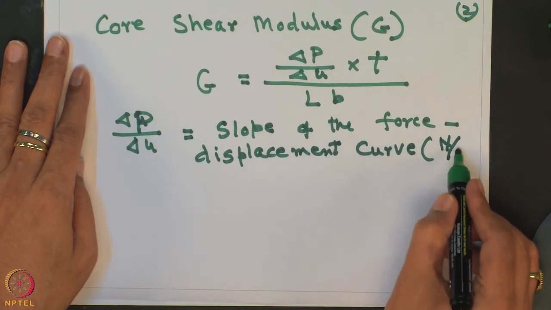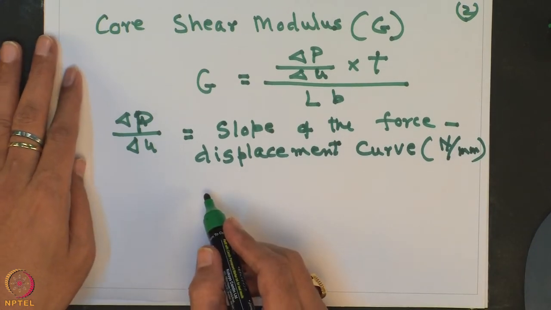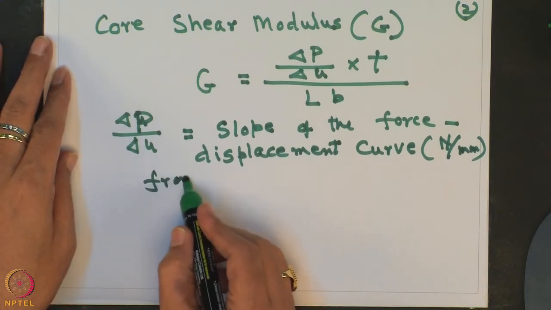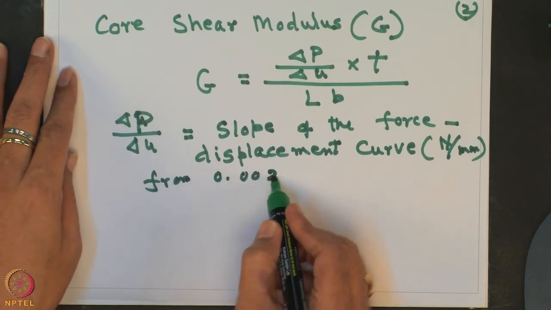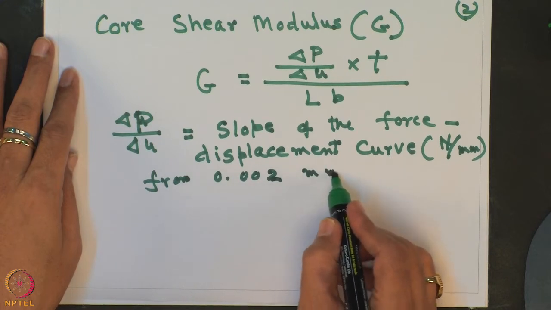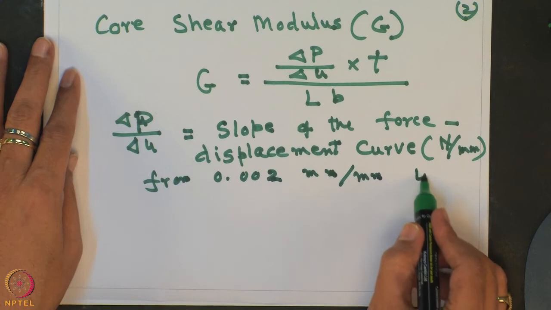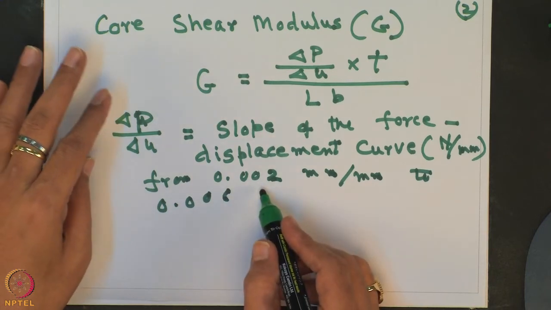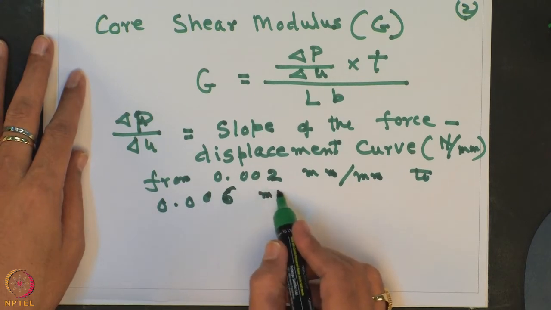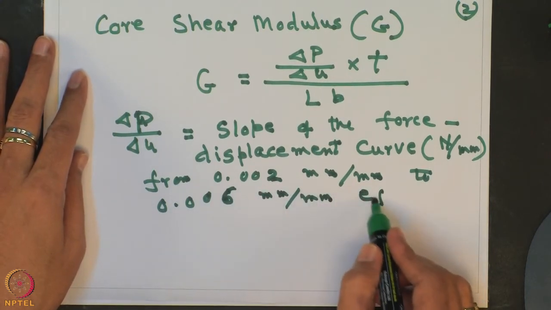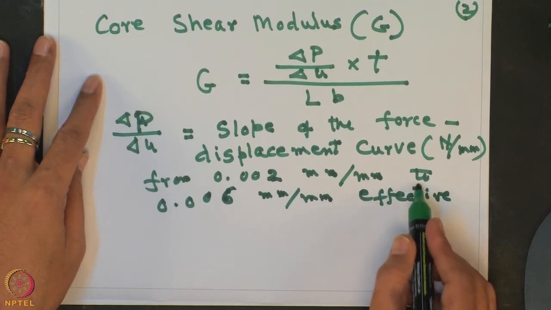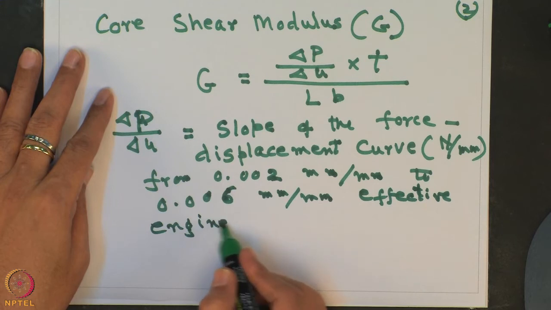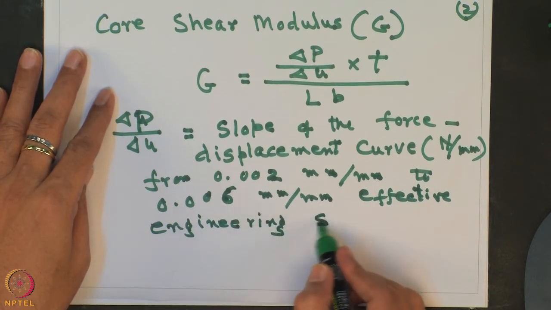That means Newton per millimeter. And this is taken from 0.0022 millimeter per millimeter to 0.006 millimeter per millimeter effective engineering shear strain.